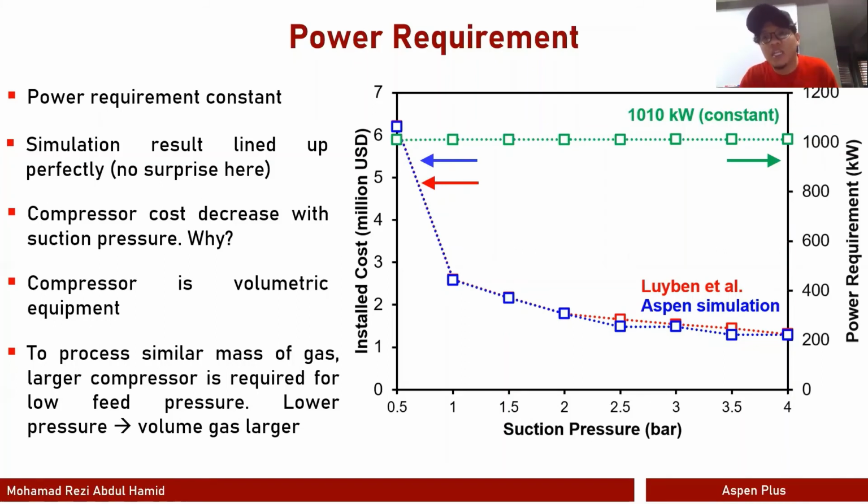Now, the question that the author poses is why this happened. According to the author, a compressor is a volumetric equipment. What does it mean here?